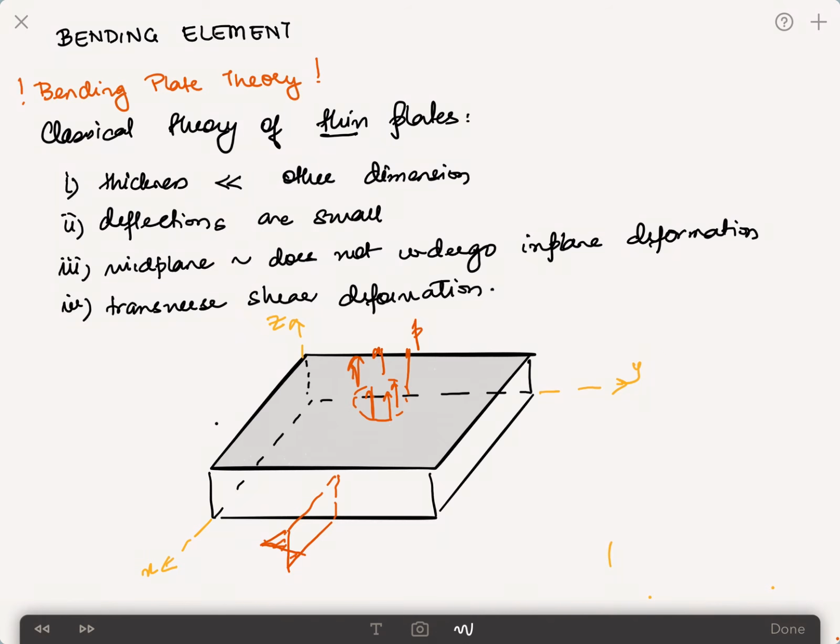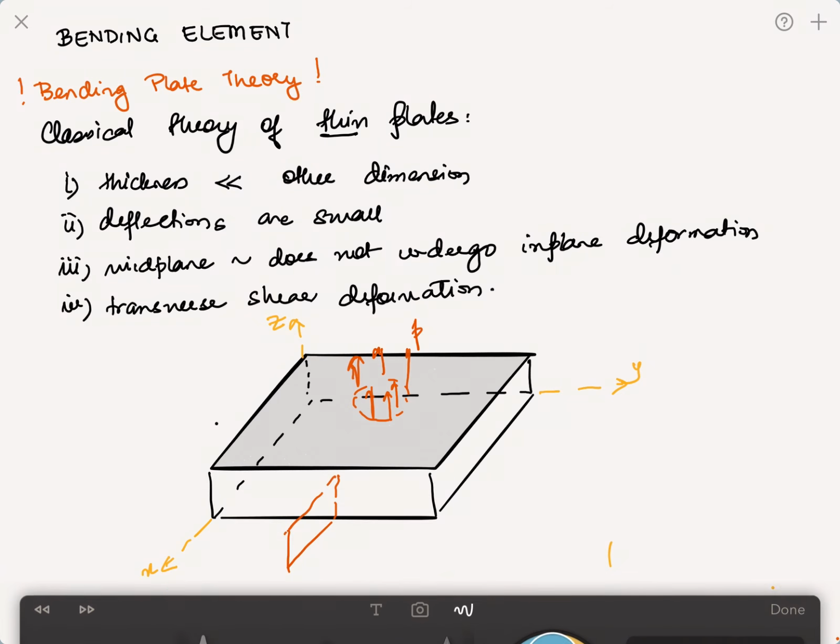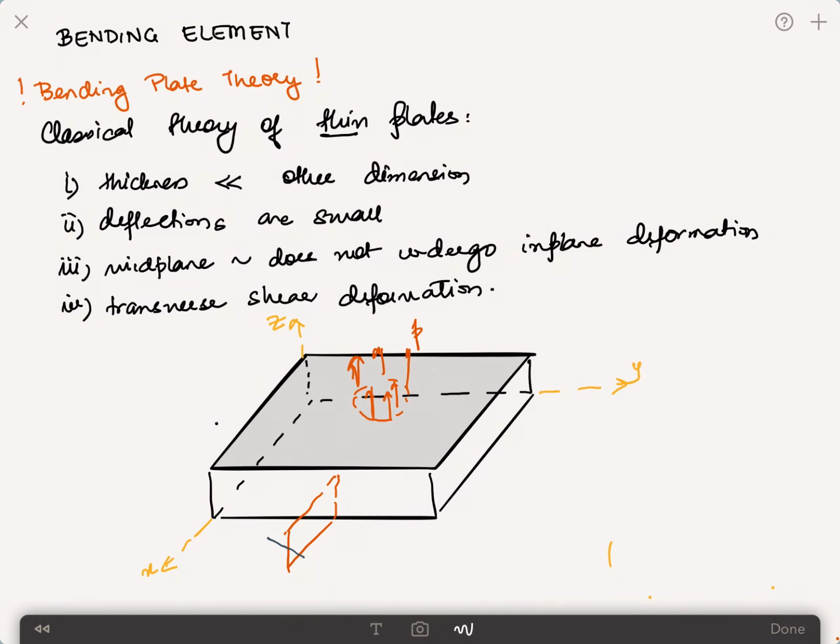It's not a very nice picture. Let me use a thinner pen. And you have stress sigma xx acting like this. Here you also have sigma xy.